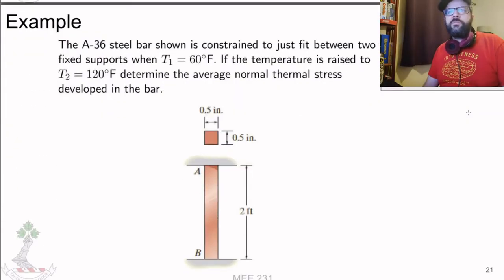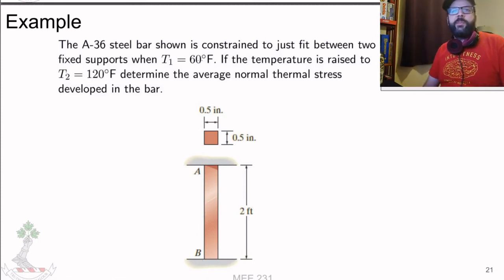So let's look at an example here. We've got a steel bar, a square cross-section steel bar, and it's fitted between these two rigid supports. And then we increase the temperature.